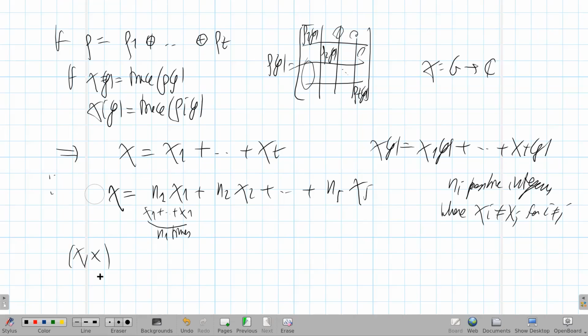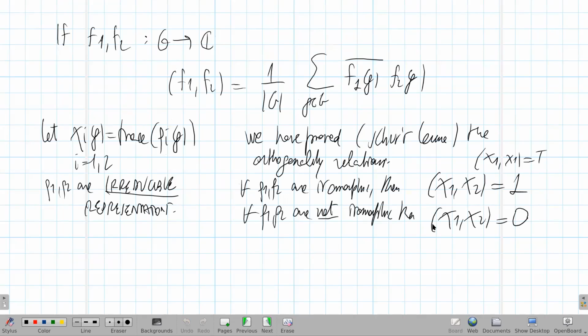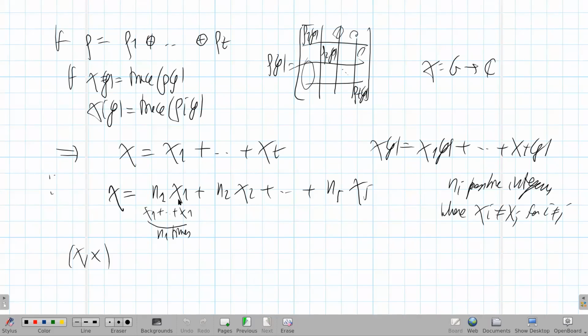And remember the orthogonality relations. If the two are not isomorphic, the inner product is 0. Otherwise it is 1, okay? And so what we get here, well, the inner product from this to this is 0, and the inner product of this with itself will be 1. And so this will be n1 squared plus n2 squared plus ns squared, okay?